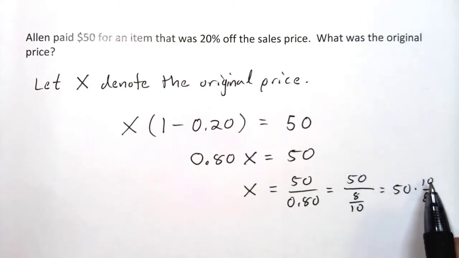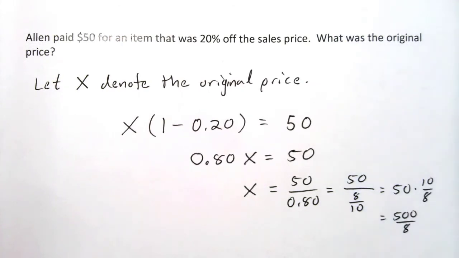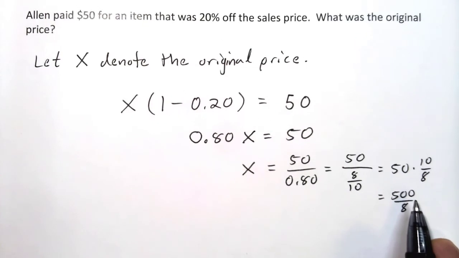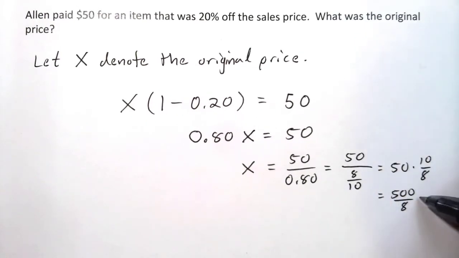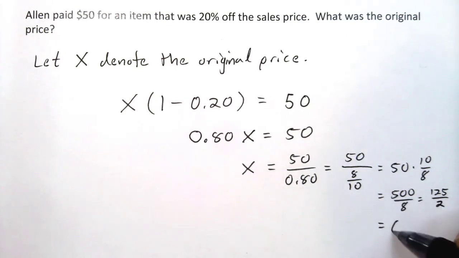And that's the same thing as 500 over 8. 500 and 8 are both divisible by 4. And 125 divided by 2 is 67.5. And there's our answer. The original price was $67.50.